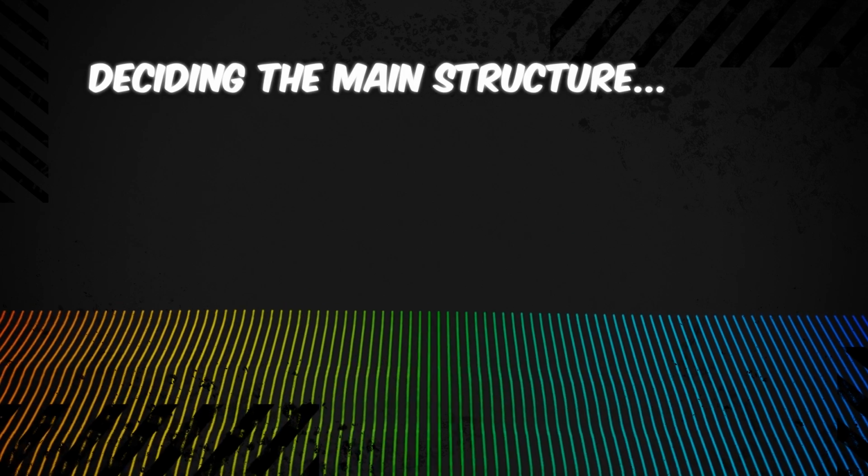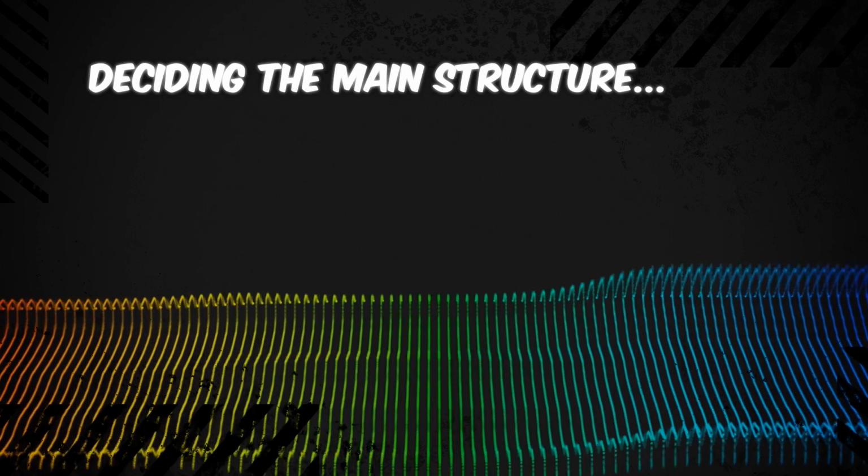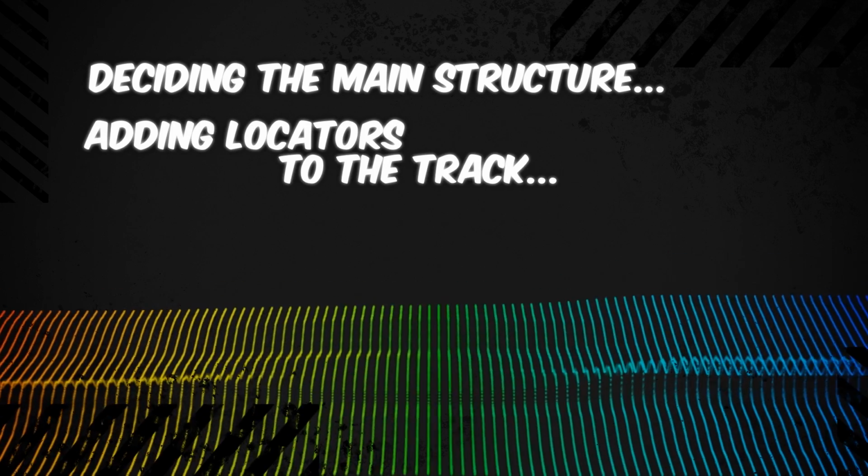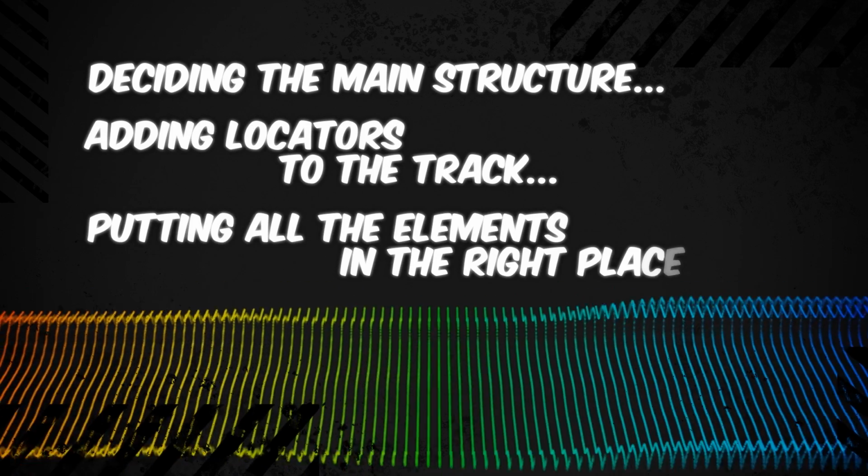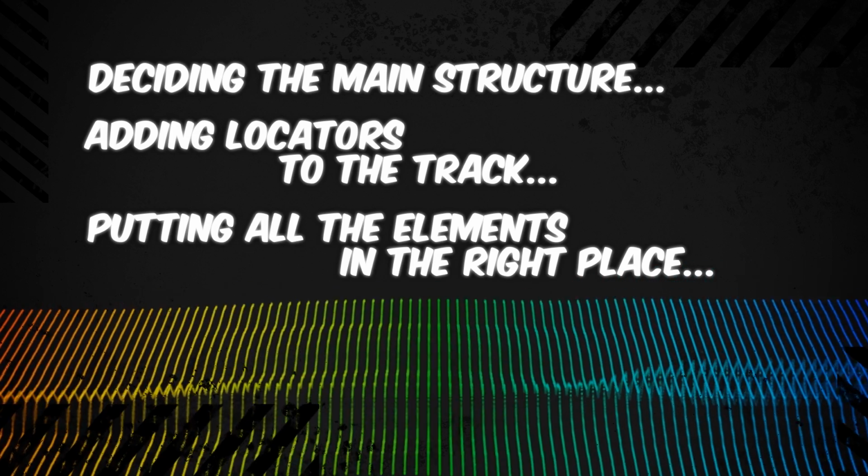Last week I showed you everything about vocal chopping like the pros, but this week's video is a little different. Today I want to talk to you about song structure. So that means deciding the main structure of the track in terms of length, drops, intro, etc. Adding locators to the track and putting all elements of the track in the right place.